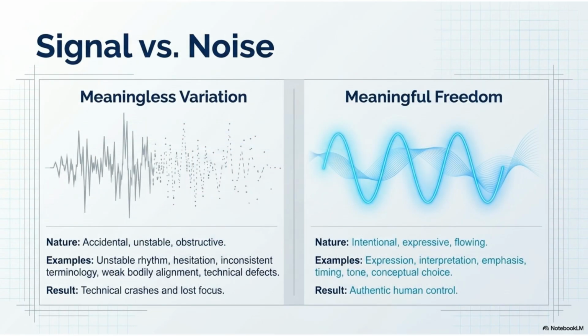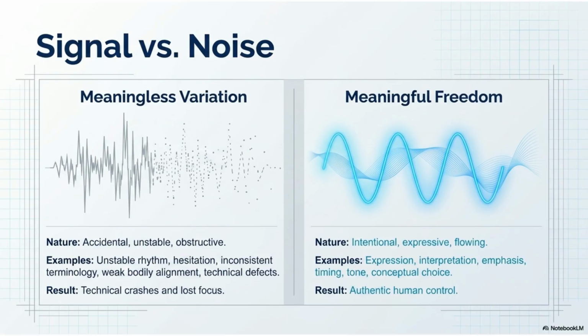Practice helps us distinguish signal from noise. Meaningless variation is the noise. It is accidental, unstable, and obstructive. In piano practice, it may appear as unstable rhythm, hesitation, tension, or fumbled notes. In knowledge work, it may appear as scattered ideas, inconsistent terminology, or lost focus.